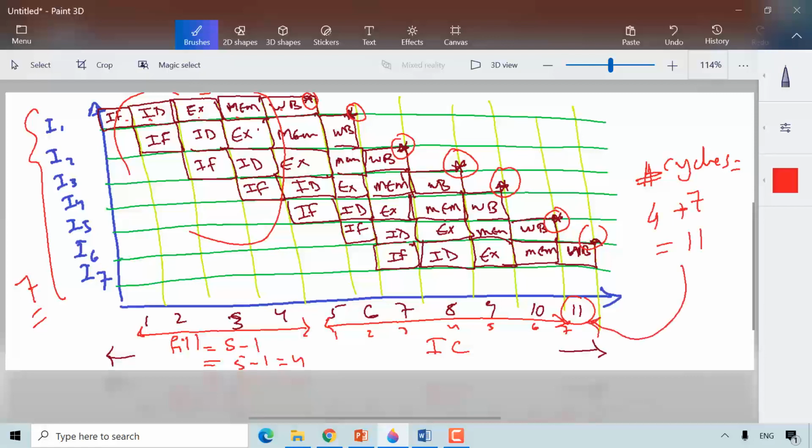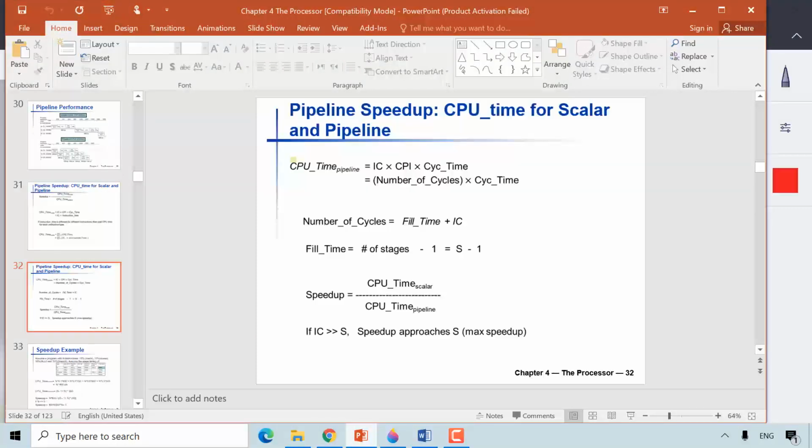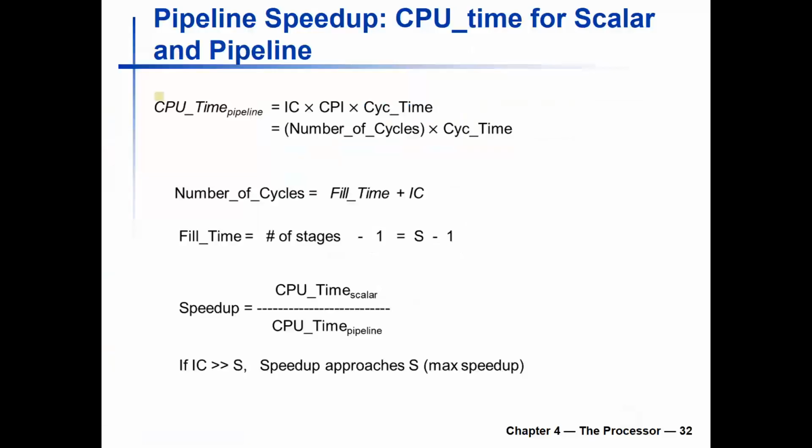Now let's go to our lecture here. For the CPU time for a pipeline, I need to compute the number of cycles times the cycle time. The number of cycles equals the fill time plus the instruction count. The fill time equals the number of stages minus 1.